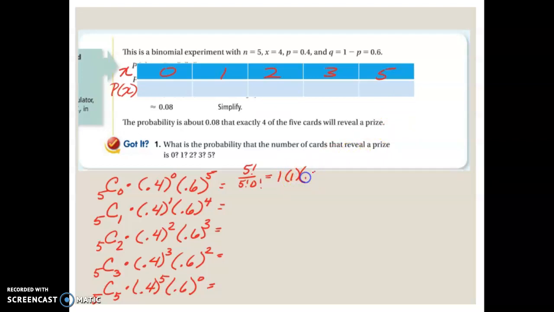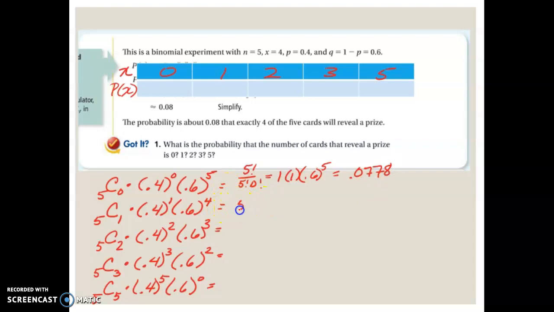And then 0.6 to the 5th, you have 0.07776. 0.0778, if we want to round it off.